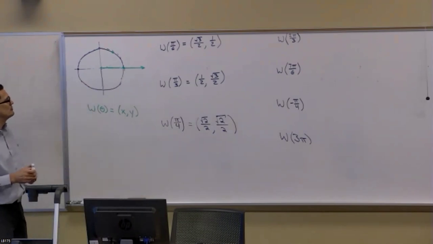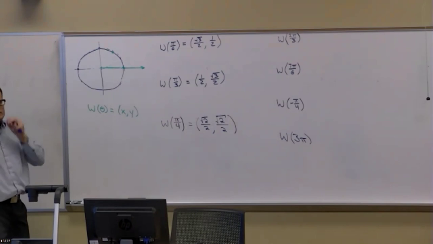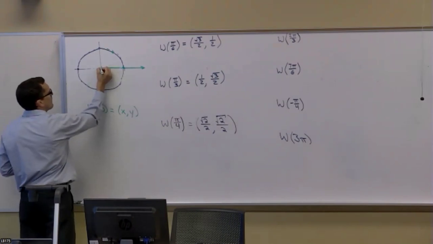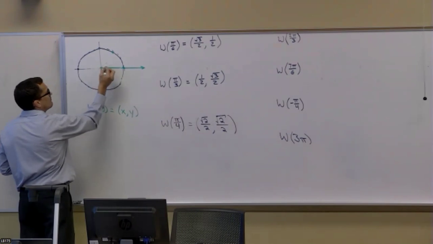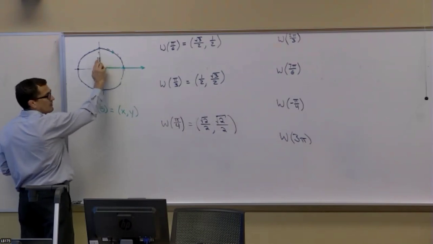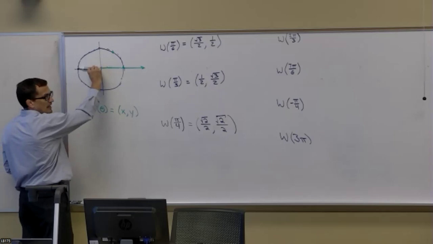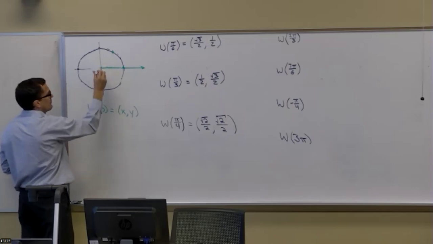So if we think about 2 pi over 3, that's more than pi over 2, because 2/3 is more than a half, but less than pi, right? So we're in this quadrant.